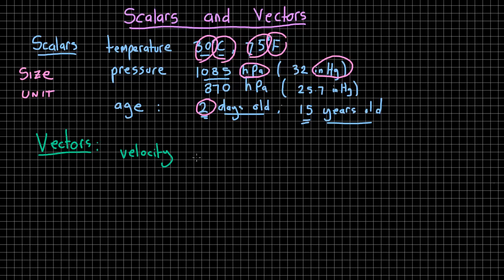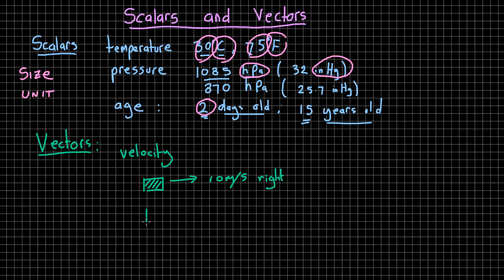An example of a velocity would be, let's suppose we've got some object and this object is moving at 10 meters per second and it's moving to the right. So we would say that the velocity of this object is 10 meters per second to the right.